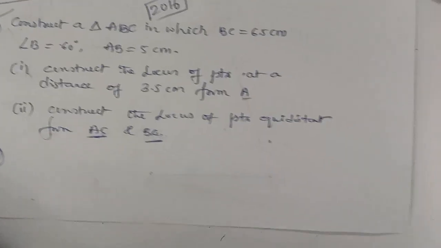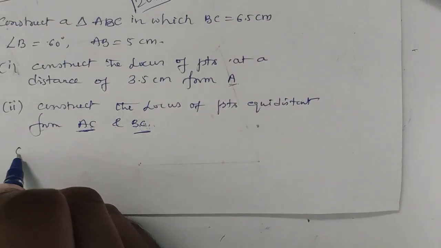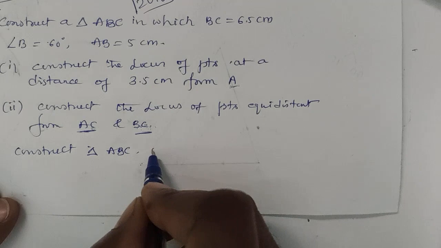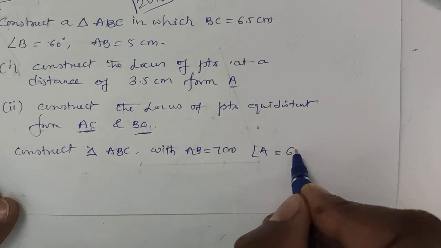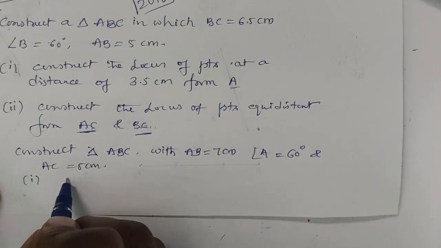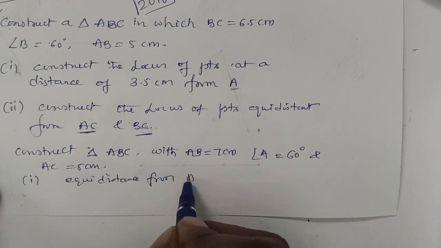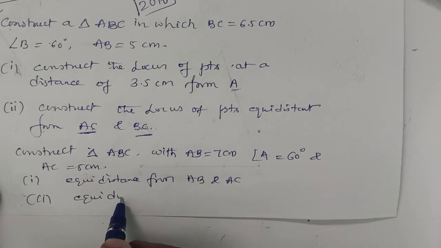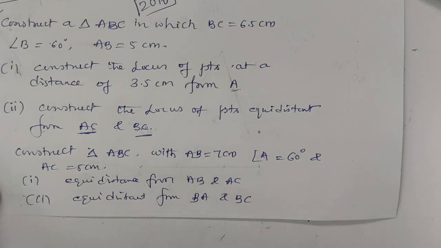The next homework problem: construct triangle ABC with AB equal to 7 centimeter, angle A equal to 60 degree and AC equal to 5 centimeter. First condition, equidistant from AB and AC. Second one, equidistant from BA and BC. This is the second question.